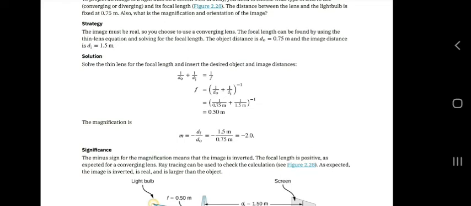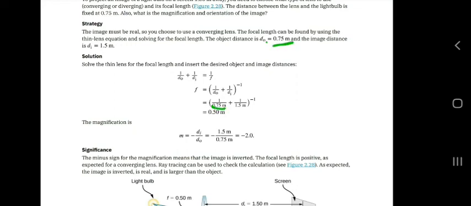Since focal length man atong gipangita, ato siya ipagawas. So the object distance is 0.75 meter, kay given man siya.